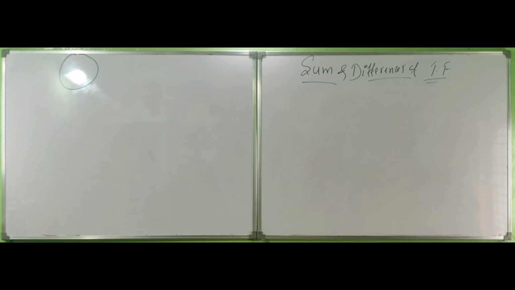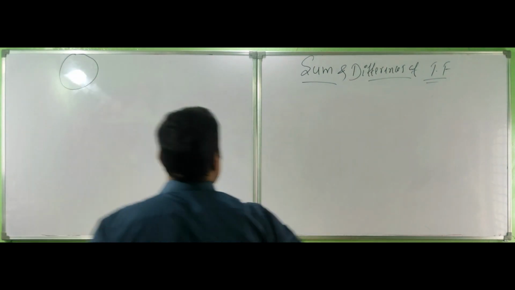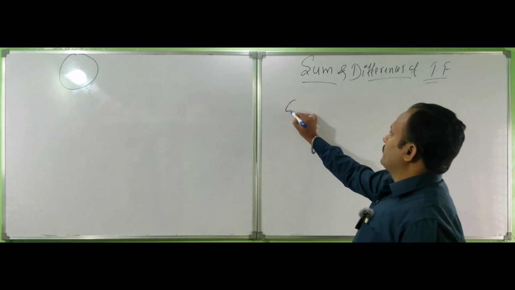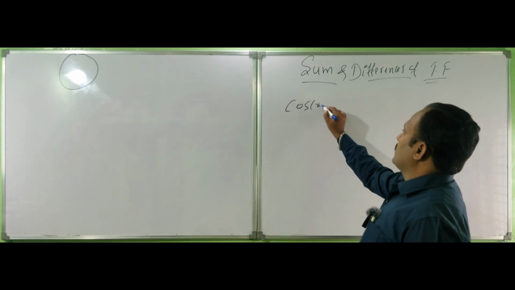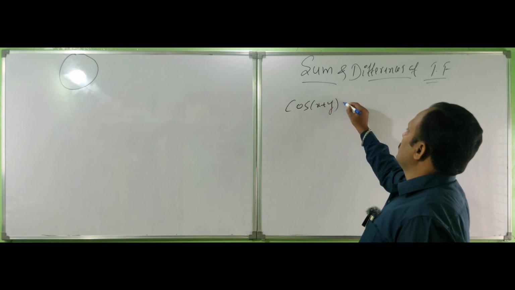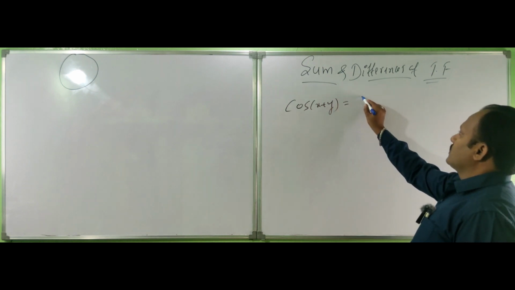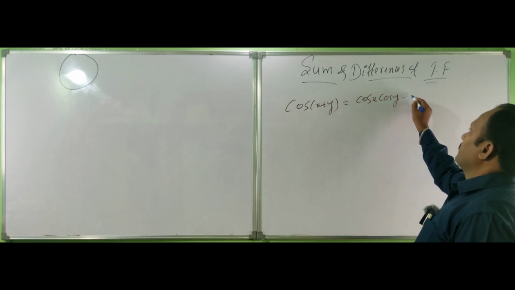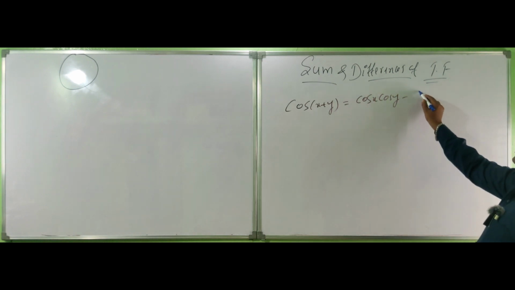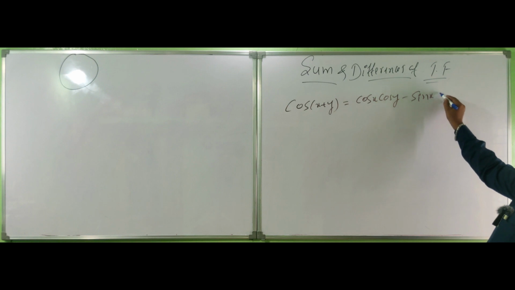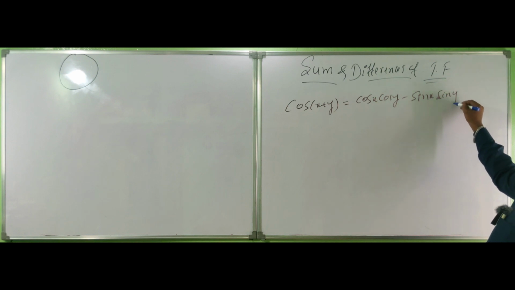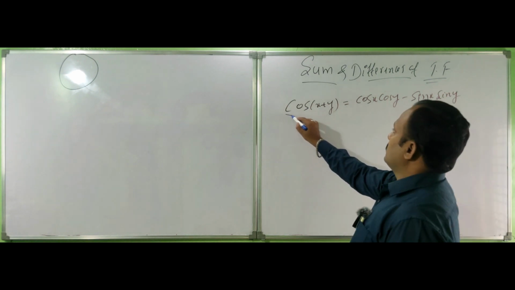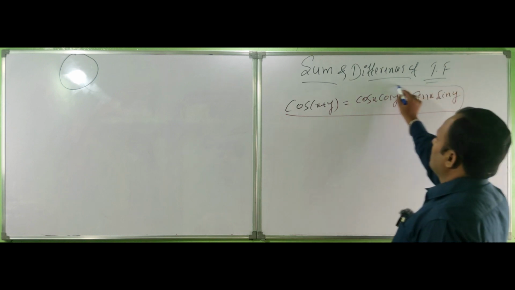What we have derived is cos of (x plus y) is equal to cos x cos y minus sin x sin y. This is the base formula.